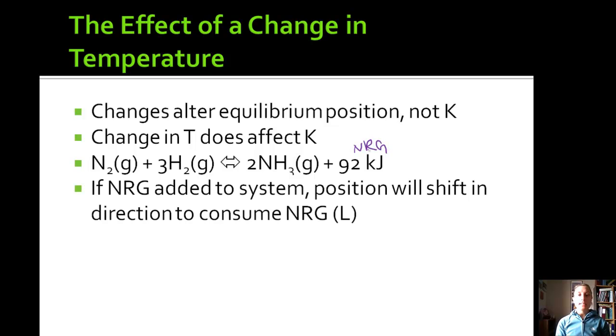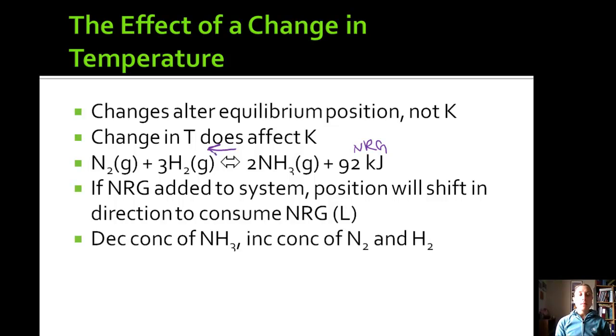Well, if you're adding it to the system like this, the position of equilibrium is going to shift in the direction to consume the energy. So if we're adding it as a product, we're going to shift to the left to reduce that change. So by shifting it to the left, we're going to decrease the concentration of NH3 and increase the concentration of N2 and H2. This is going to decrease the value of K.